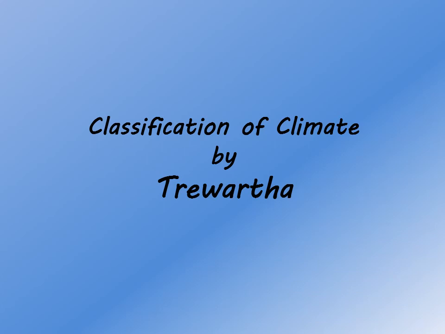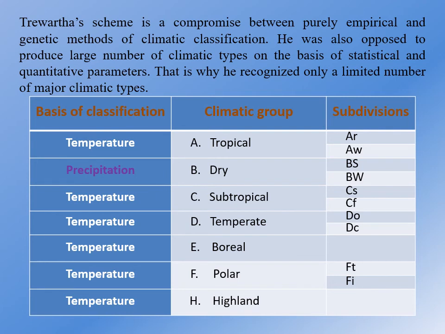In Trewartha's opinion, the classifications given by Köppen and Thornthwaite were very cumbersome and complex. So Trewartha tried to propose a simpler form of climatic classification scheme.